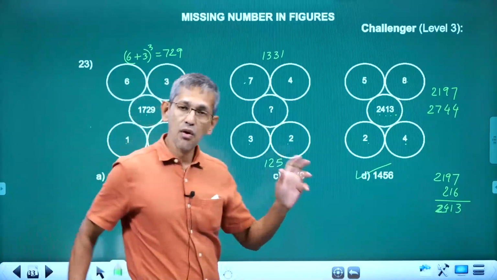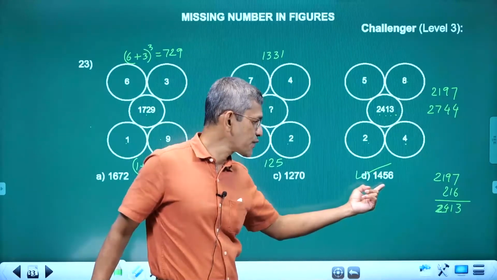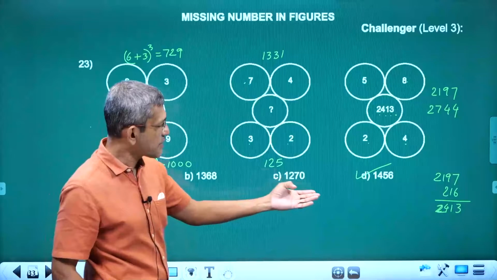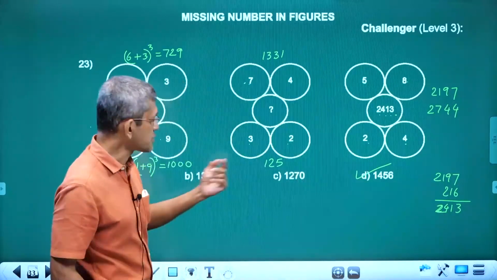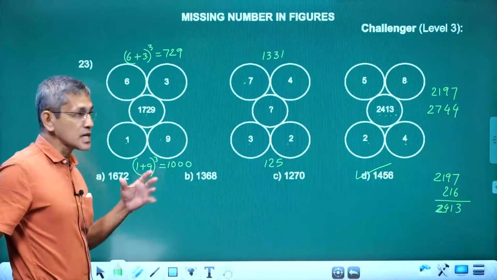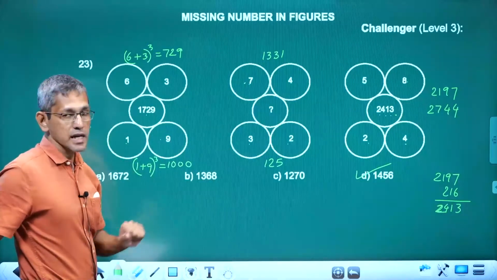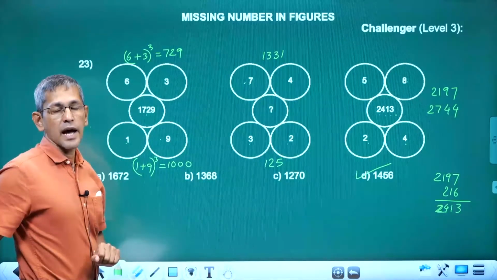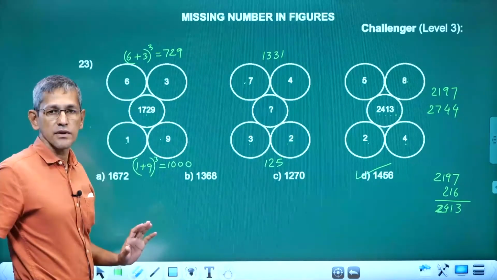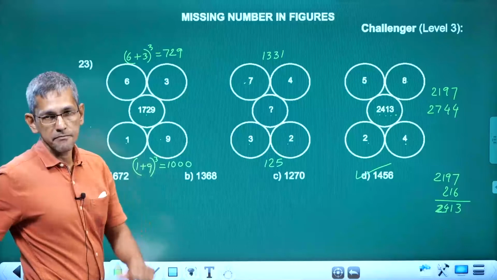The only number close to 1431 is 1456. That must be the answer. However, if you have answers like 1456, 1452, 1453, 1459, in that case you have to do the exact, accurate addition. But in this case, rough addition would be good enough. So that is how you save your time.